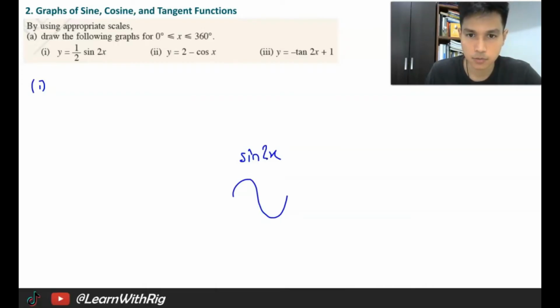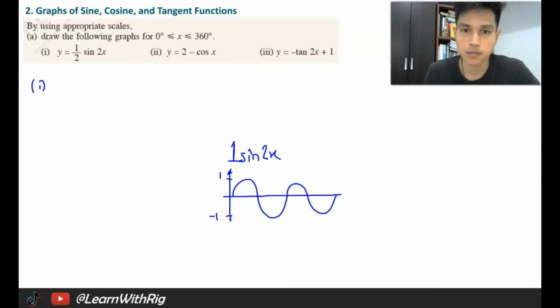Originally the amplitude is 1 and negative 1, correct? Because here is 1, so it's 1, negative 1. But in this case, they gave you the amplitude is 1 over 2. So now your amplitude is 1 over 2 and negative 1 over 2. That's how your graph will look.